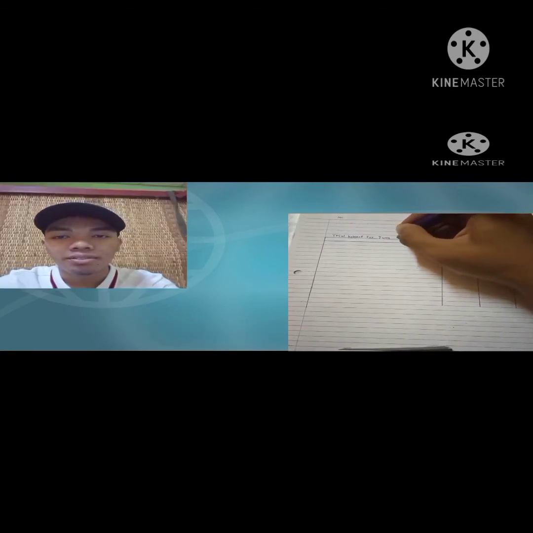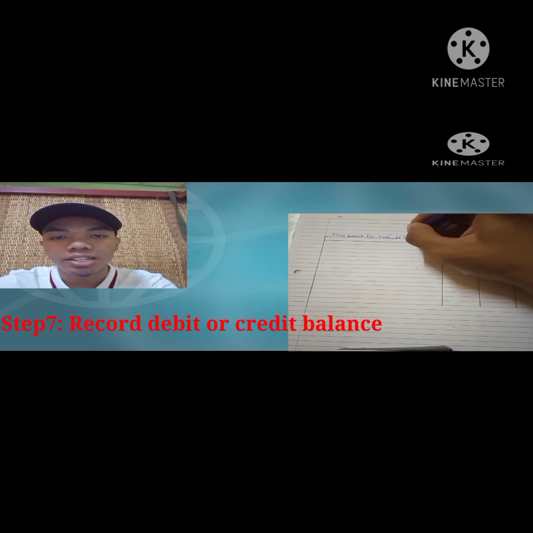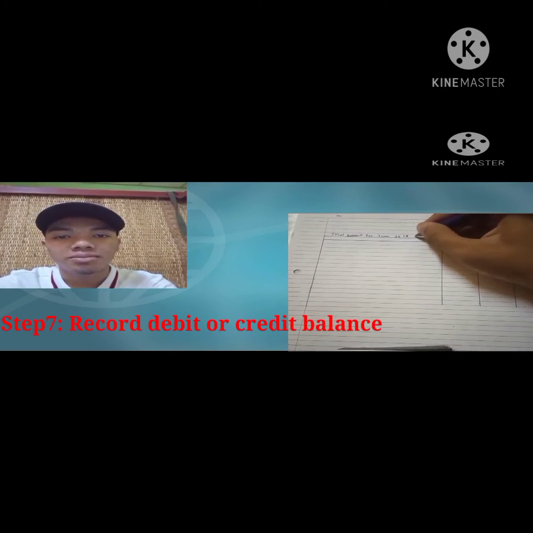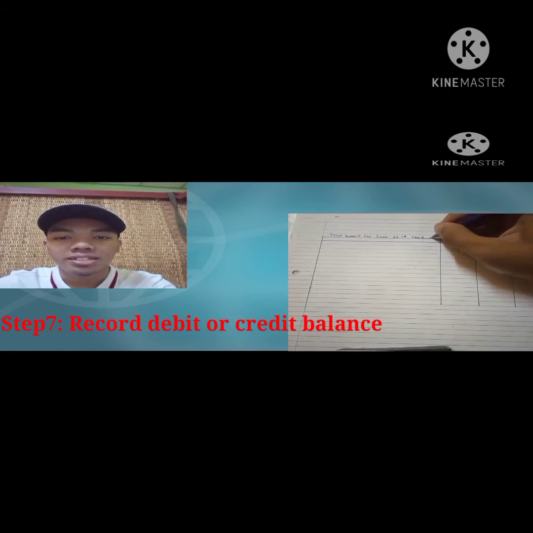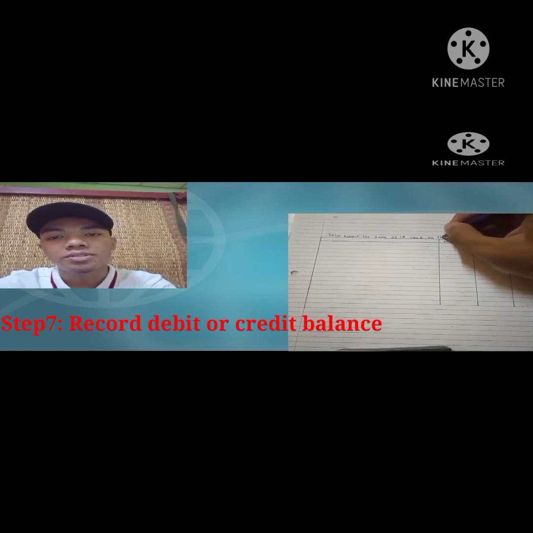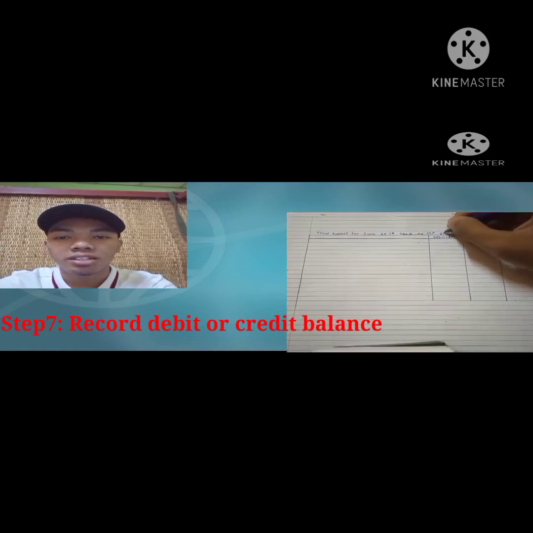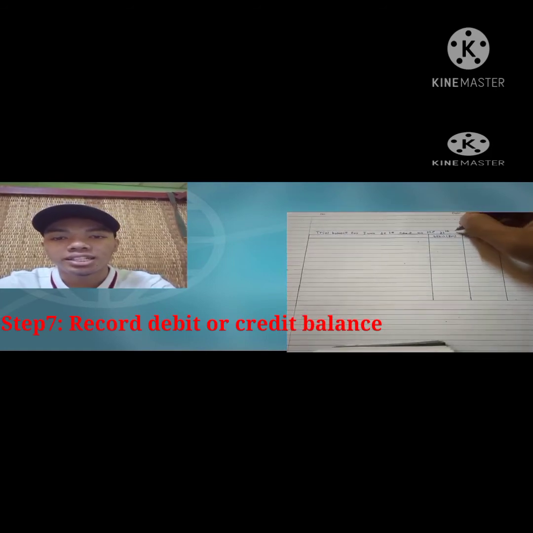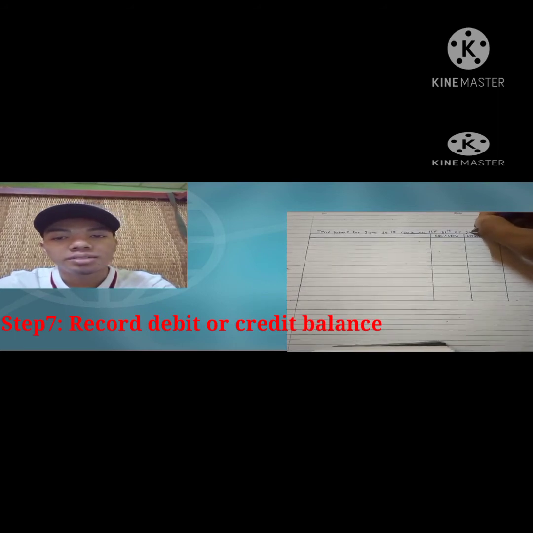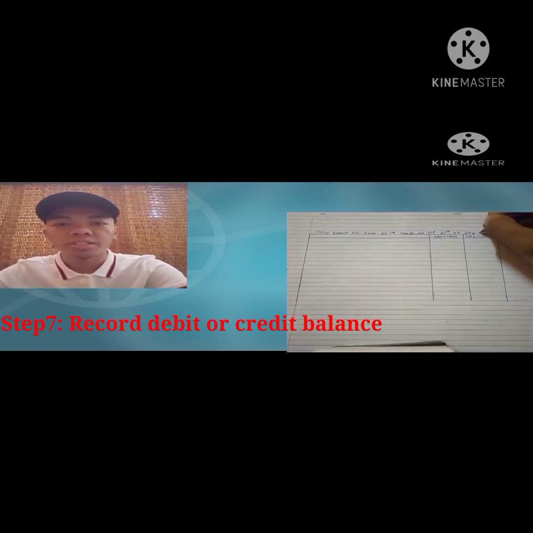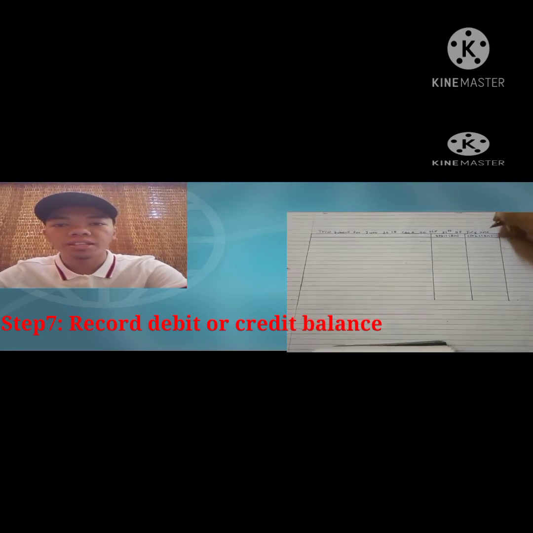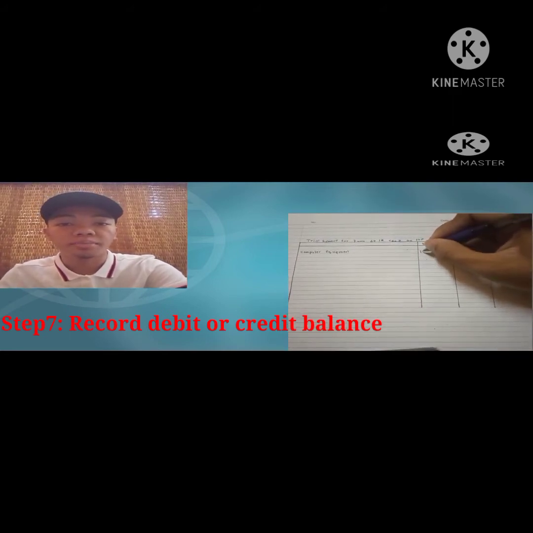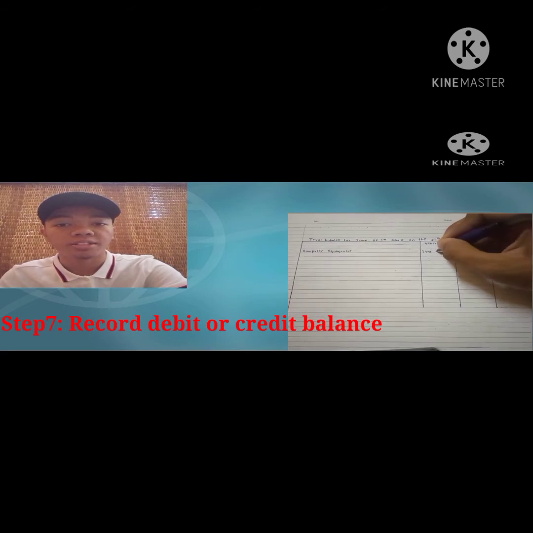The next step is the remaining debit or credit balance in various accounts of the ledger, as seen above, are then recorded in the trial balance. The balance of each account of the ledger is recorded in the debit or the credit column, as the case may be. For example, the remaining debit cash balance is recorded in the debit column of the trial balance.